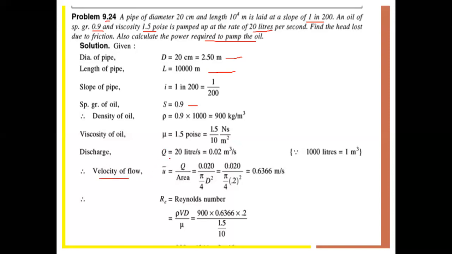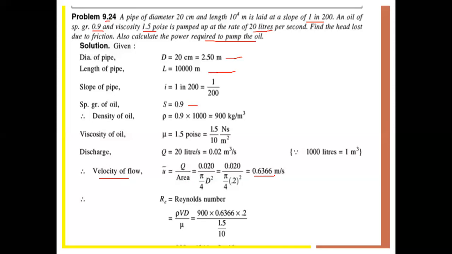Now the velocity of the flow. Since the discharge is given, you have to find the average velocity. Average velocity is equal to Q by area, that is 0.02 divided by area. After substituting, we get the average velocity.